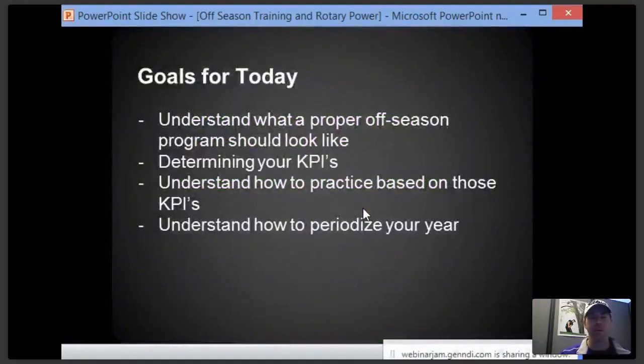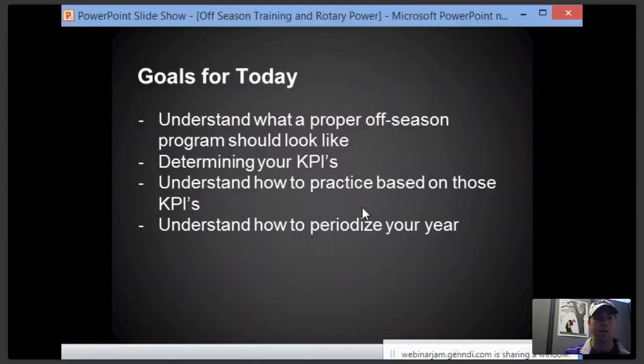The big goal today, with off-season coming up, is for you to understand what a proper off-season program should look like, as well as how to determine your KPIs, your key performance indicators, both in the gym and on the golf course, because those are going to dictate what you work on and how you work on different things.